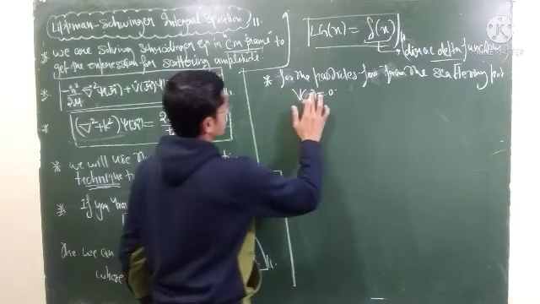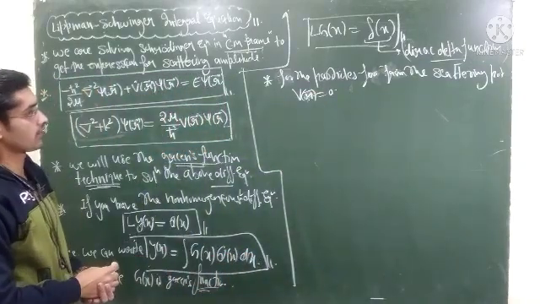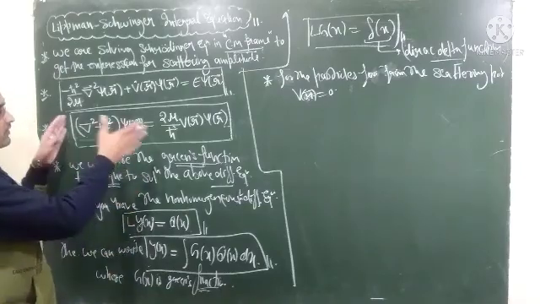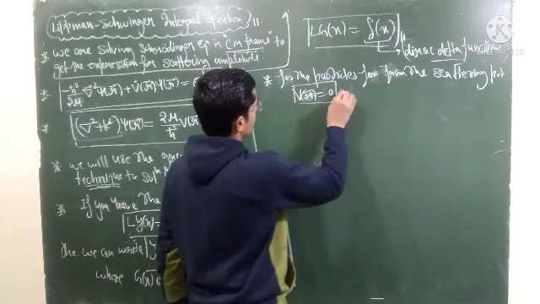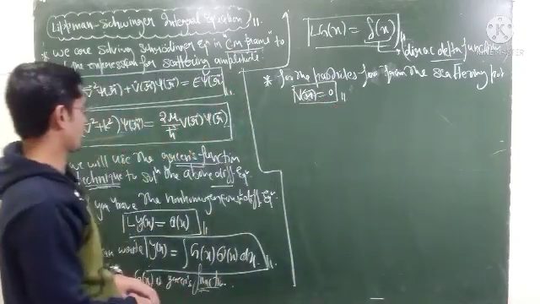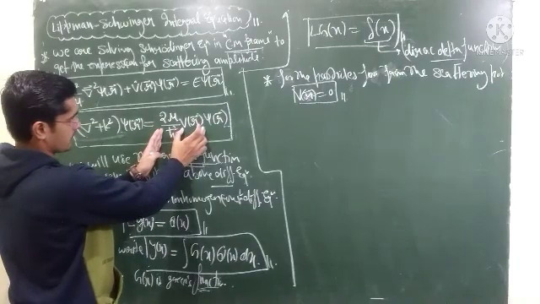So let me say V of r, because we are doing scattering in 3 dimensions, not 1 dimension. So if the particles are far from the potential, then V of r is 0. If V of r is 0 at that point, then this particular side will be 0, because this V of r is 0.